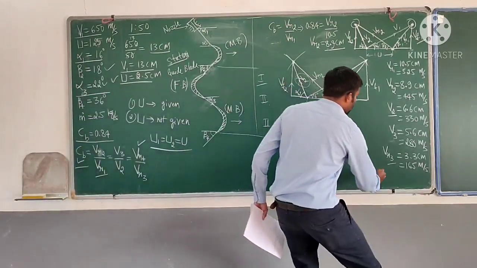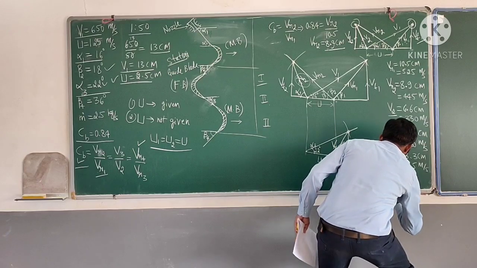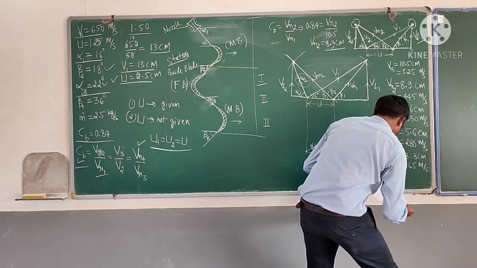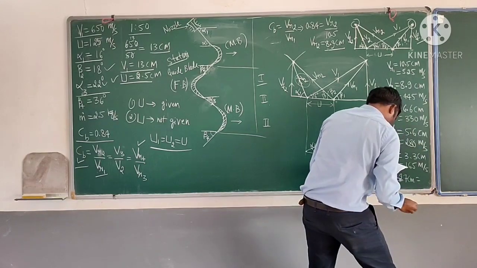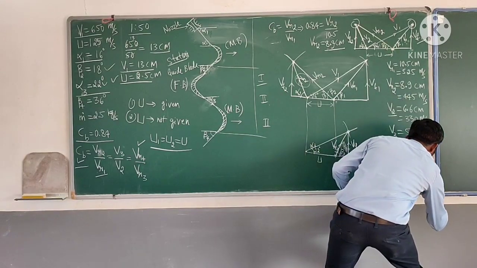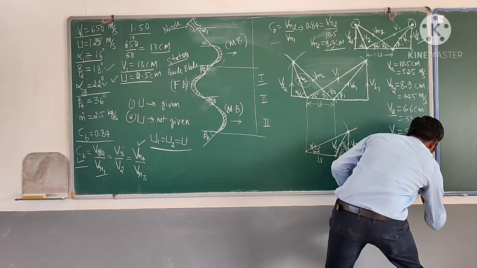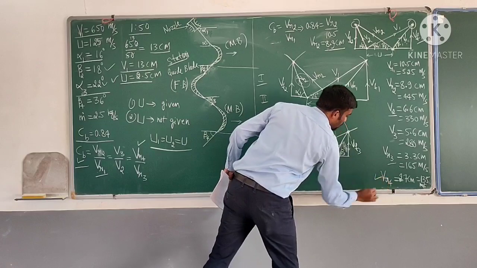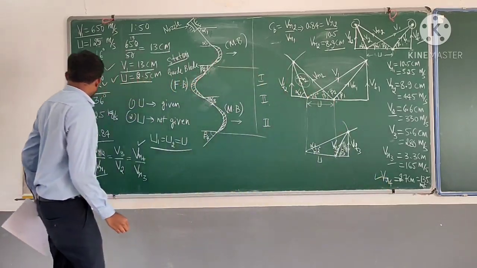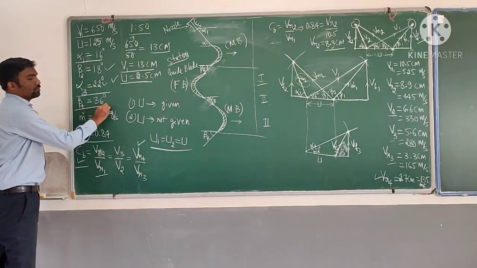VR4 we have already calculated: it is 2.7 centimeters, in meters per second 135. So I know the VR4 length, and with respect to angle, I know beta 4.